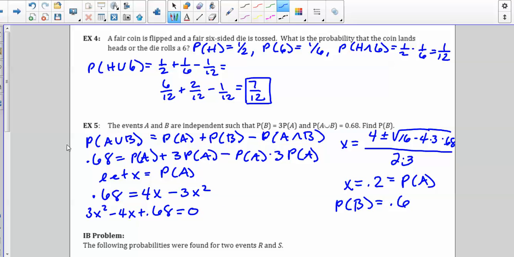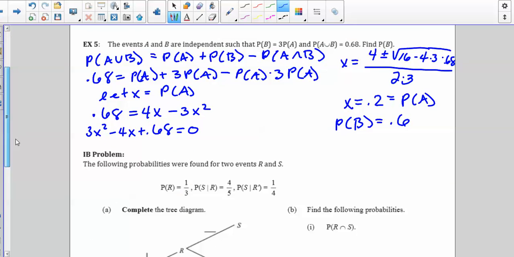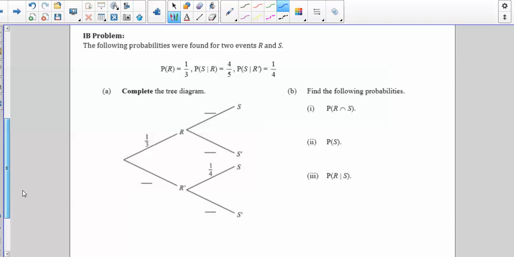All right, last we have an IB problem with a tree diagram. We have the probability of R is 1/3, the probability of S given R is 4/5, and the probability of S given not R is 1/4. So in the first event, you can have R or not R. And since those probabilities have to add up to 1, if this one's 1/3, I know this one's 2/3.